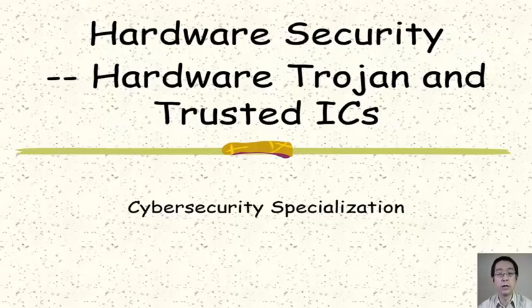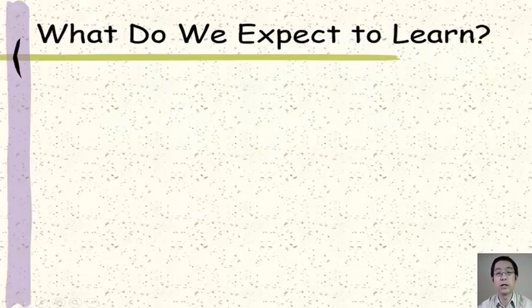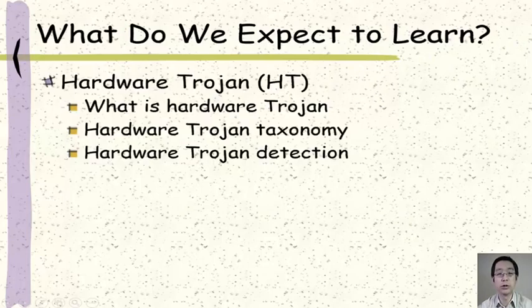This time we're going to learn hardware Trojans and trusted integrated circuits. From this title, you know that we're going to cover both. For hardware Trojans, we're going to give the definition of hardware Trojans, and we're going to study the taxonomy of hardware Trojans.